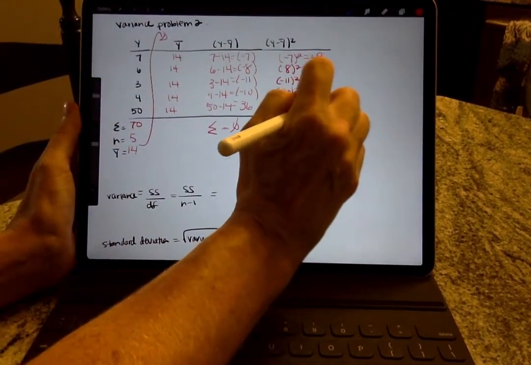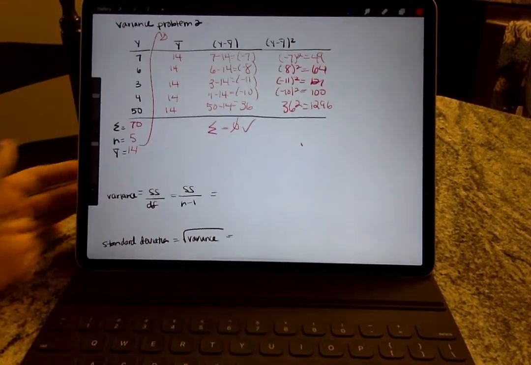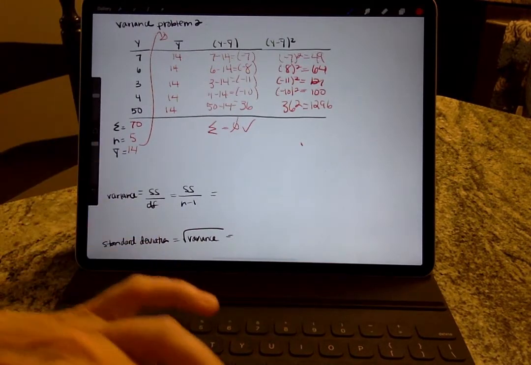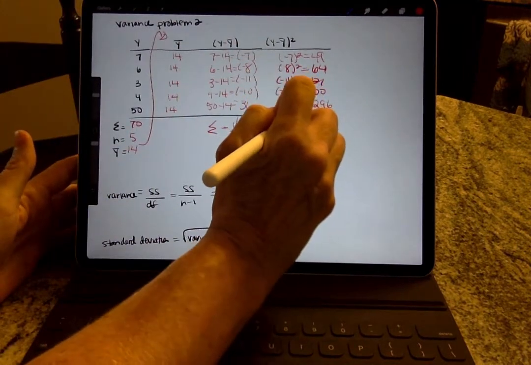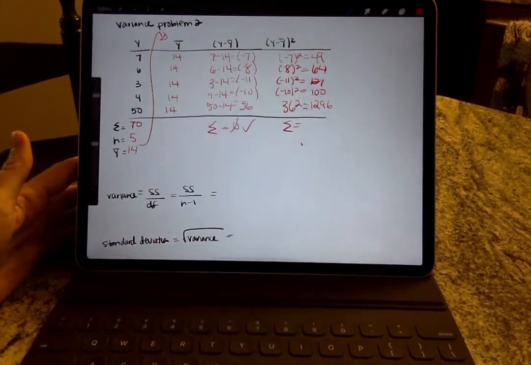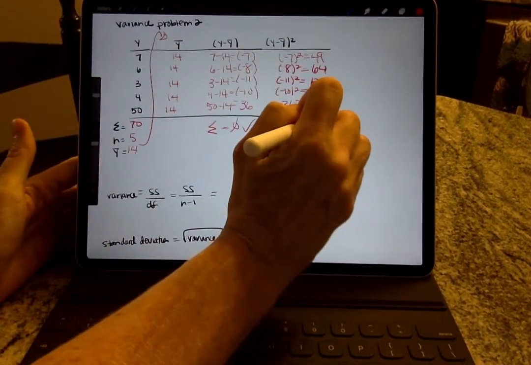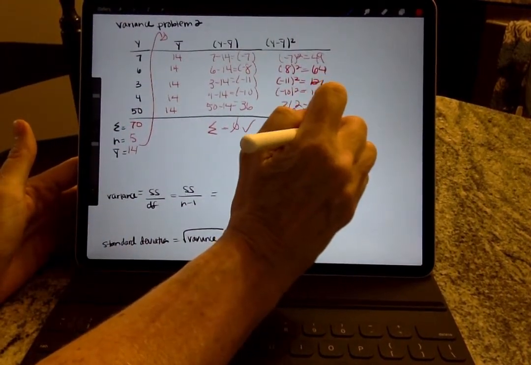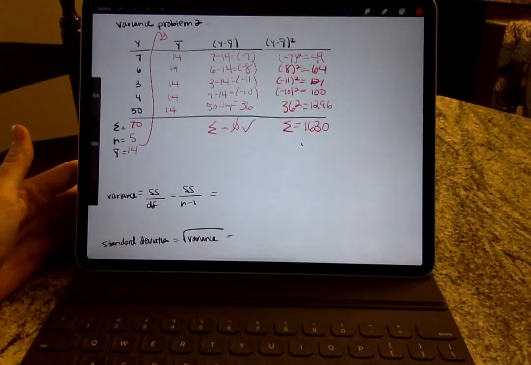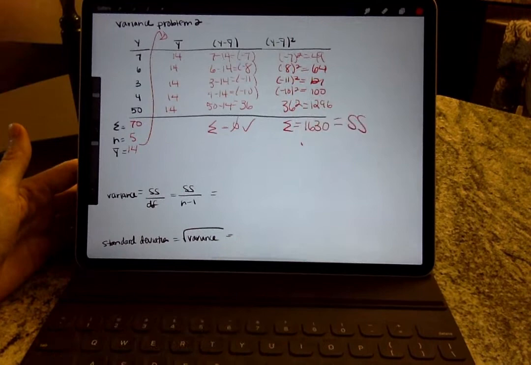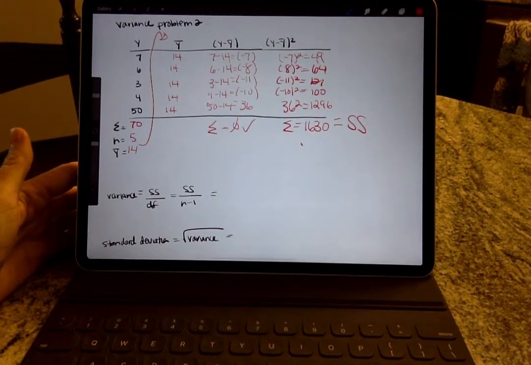It's 1,296. Again, just make sure you didn't inadvertently transfer a negative number into that column. And then you are going to get the sum of this column. When you add up those 5 numbers, the sum is 1,630. And this has a special name. It's called your sum of squares.